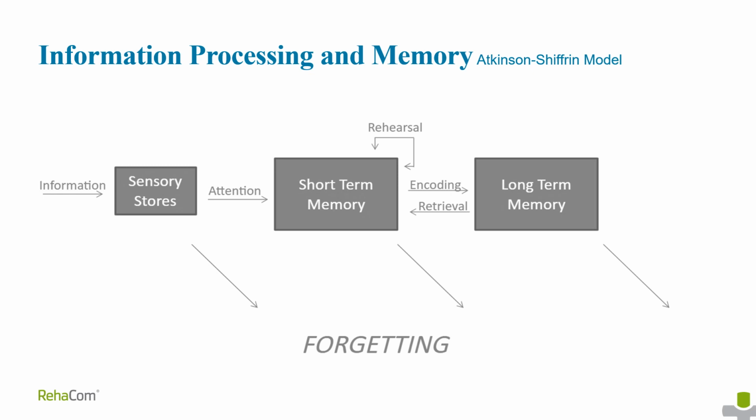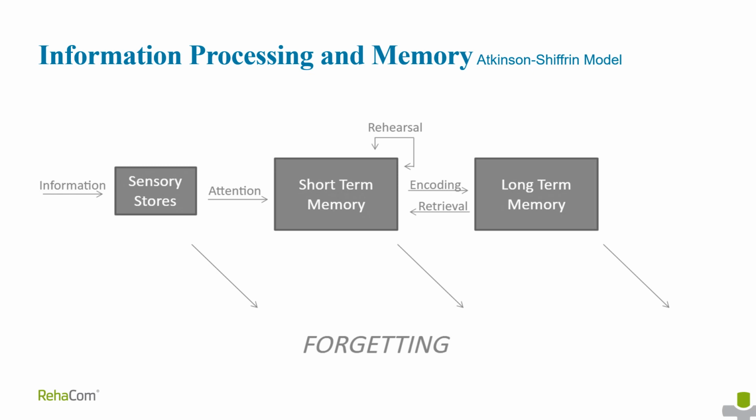This means it is a single system or store without any subsystems. Through rehearsal, the conscious repetition of information, short-term memory is moved into long-term memory through the process called memory consolidation. If there is no maintenance rehearsal, the information will be forgotten.